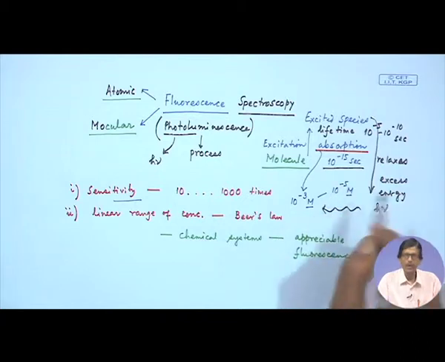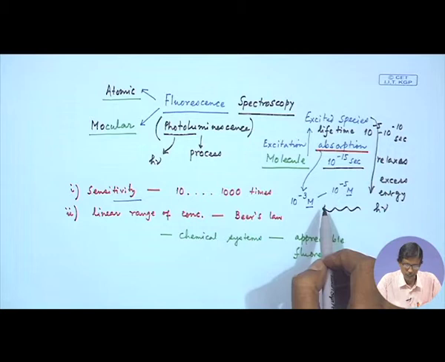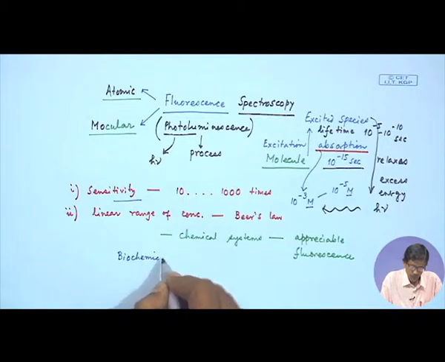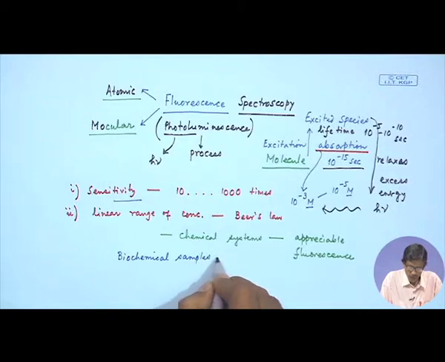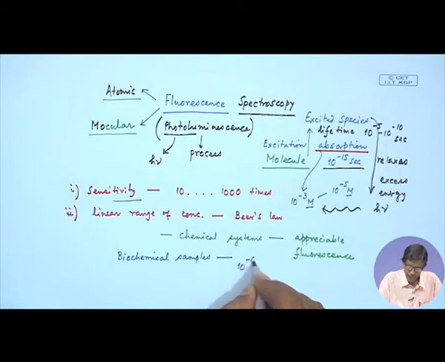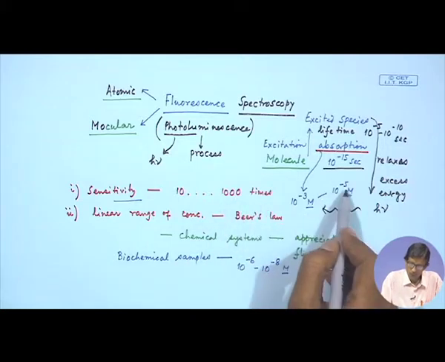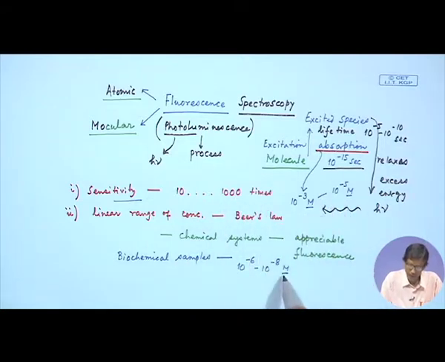We cannot go below that concentration, but when we talk in terms of biochemical samples that we want to monitor, whose concentration is in the range of 10 to the minus 6 to 10 to the minus 8 molar, since the sensitivity is higher by 1 to 3 orders of magnitude, we can go down to a concentration range three orders of magnitude lower.